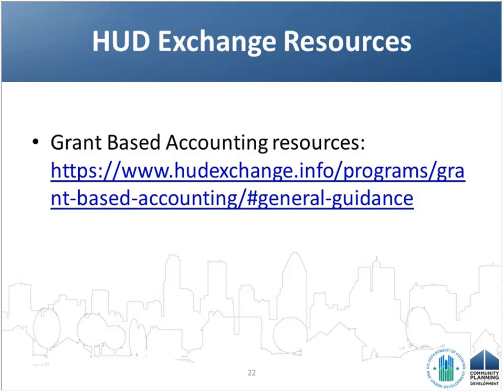The funds that you repaid back to the 2016 grant, you can use for other activities. For example, if you overspent the 2016 grant for admin and planning activities by $10,000, you repay $10,000. Once you repay to the line of credit back in IDIS, you can use that $10,000 for other activities like public services or public facility or housing activities.